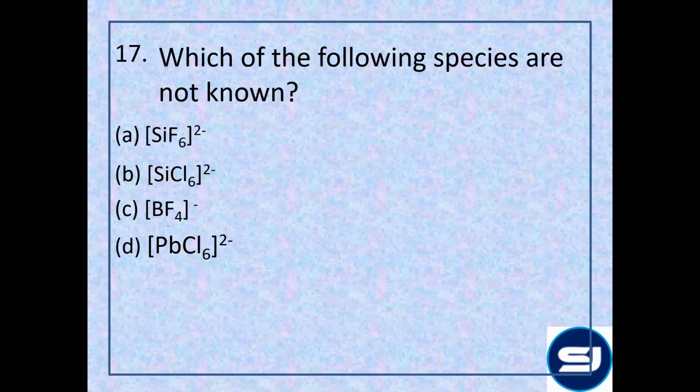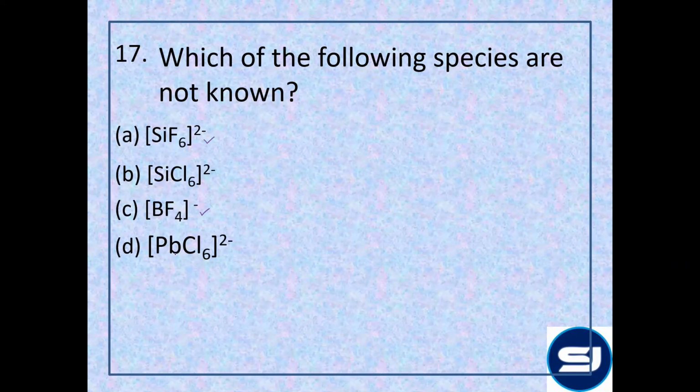See, boron as a second period element can have a max coordination number of 4. So this species is definitely correct. The other elements in the third period or onwards can have a coordination number 6 possible. So for silicon, the SiF6 2 negative anion is possible.